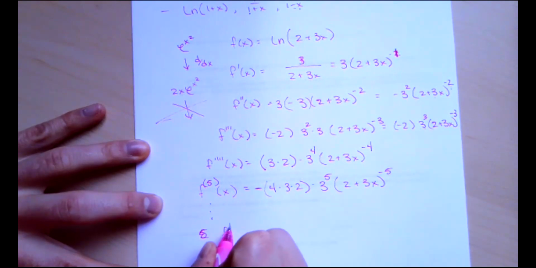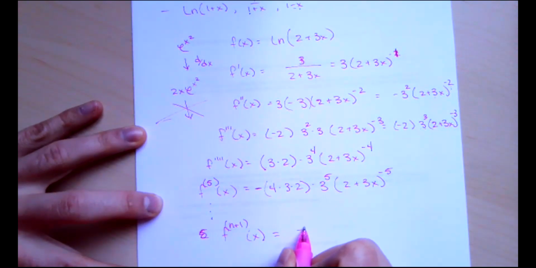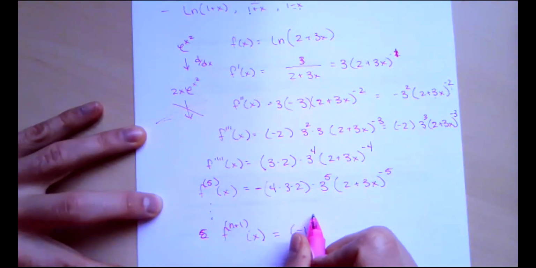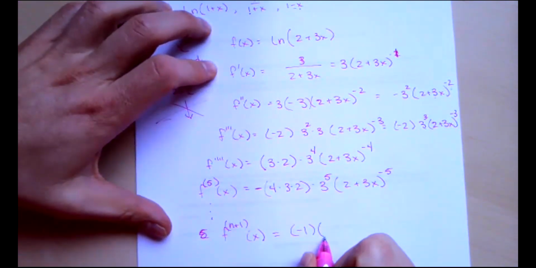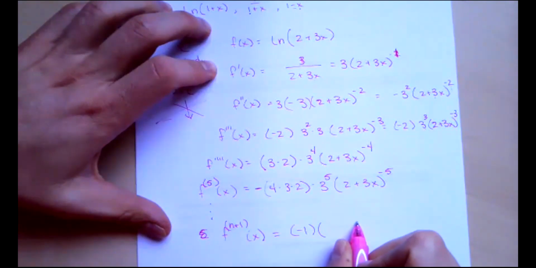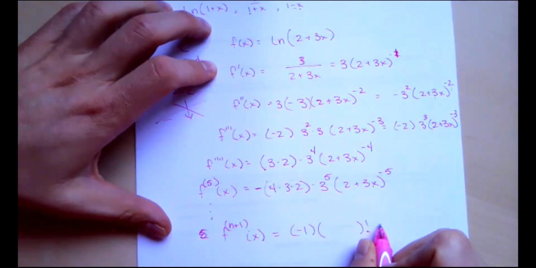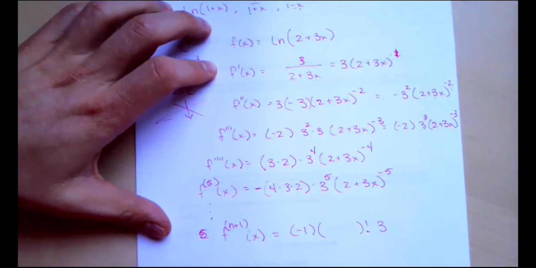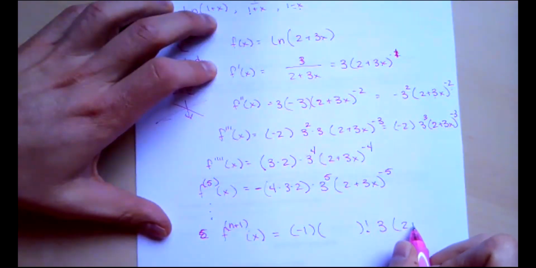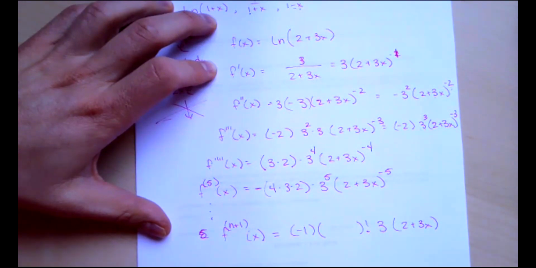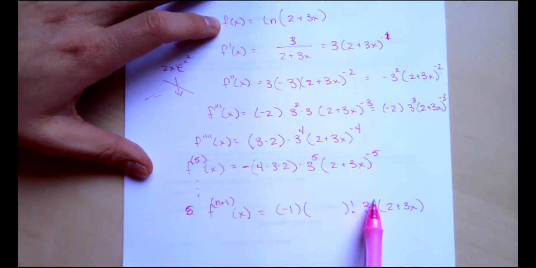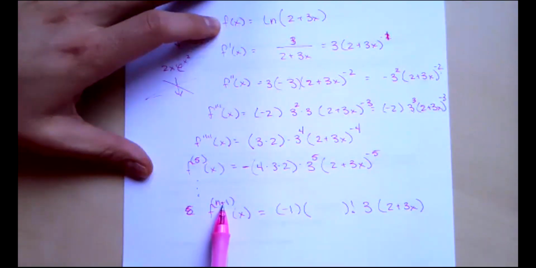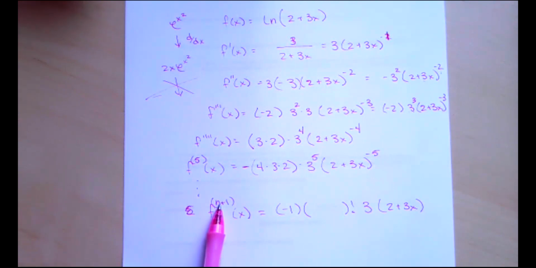Sorry, f to the n plus 1. I know there's an alternating piece. So we'll have a -1 to the something, usually n minus 1. I know there's a factorial piece. And I know there's an exponential piece, 3 raised to something. And then we've got this 2 plus 3x piece.